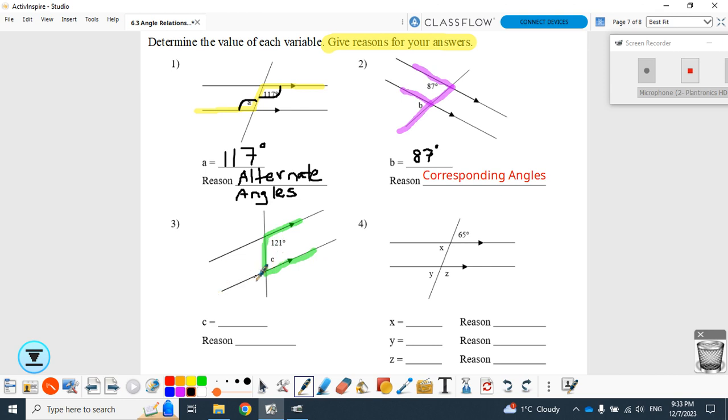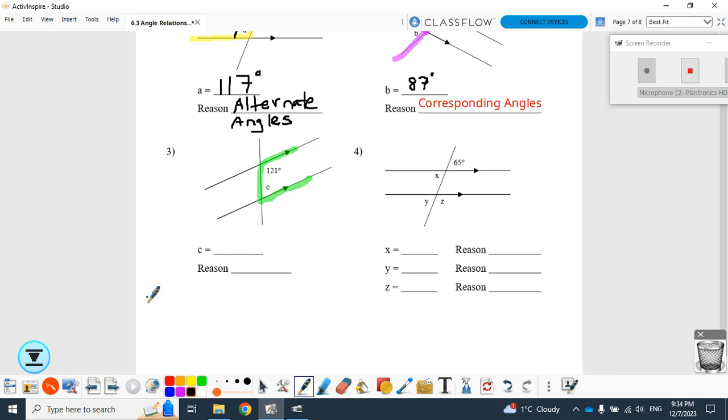And what we know about the C pattern is that this angle 121, let me go down here, we know that 121 plus C must equal 180 degrees, right? This is what we call the co-interior angles. So we're going to bring that 121 over. So we'll say this is minus 121.